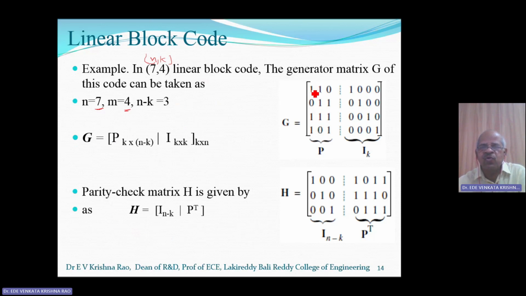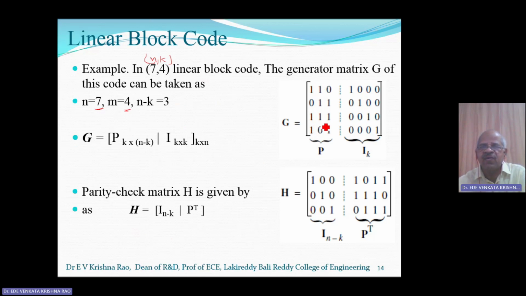If we choose the parity coefficients here, for B0 it is the linear sum of the coefficients of M0, M1, M2, M3, like 1, 0, 1, 1. These are the parity bit coefficients.